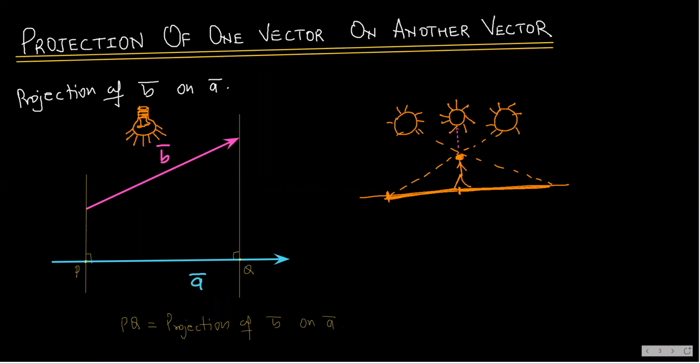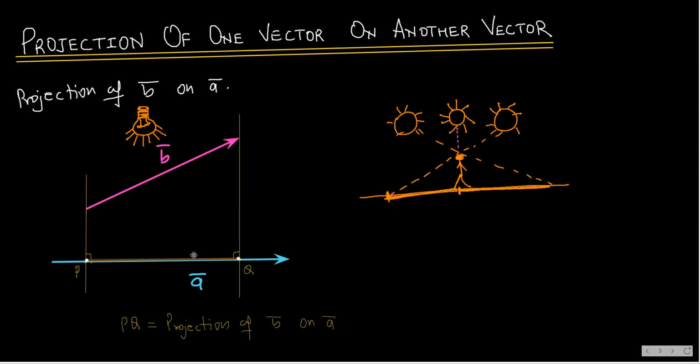You can consider this to be the shadow of vector b bar on a bar.